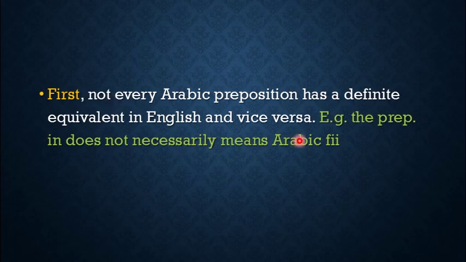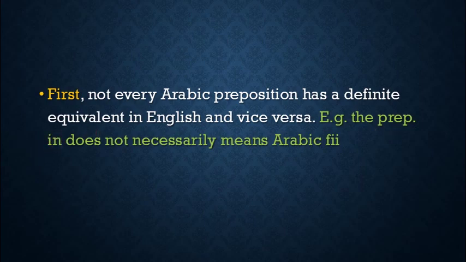Okay, this means that not every Arabic preposition or English preposition has an equal or an equivalent. An equivalent means that a word or a preposition exactly means the same thing. Okay, for example, the preposition in, and let me highlight it for you.